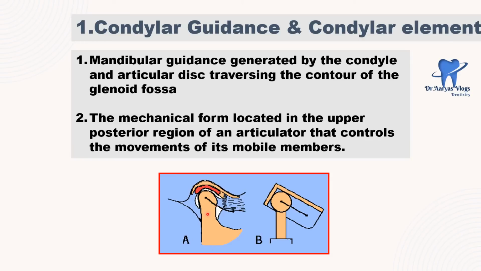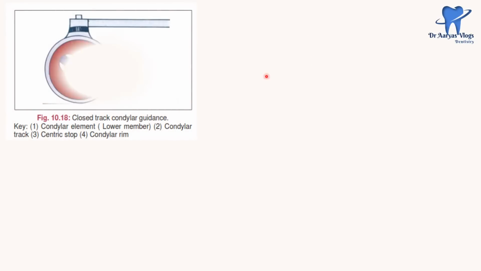This is the condylar guidance. It is a circular structure with a slot in the center. The condylar element of the lower member articulates with this slot, also called the condylar track.